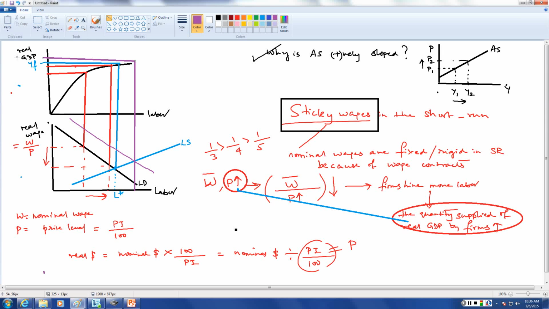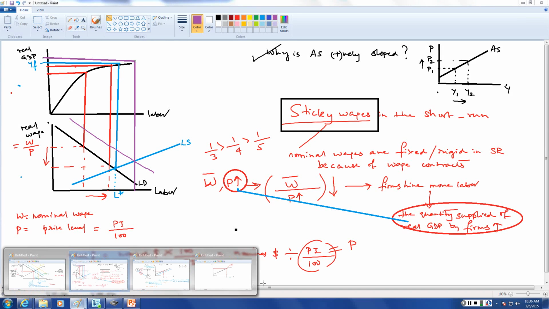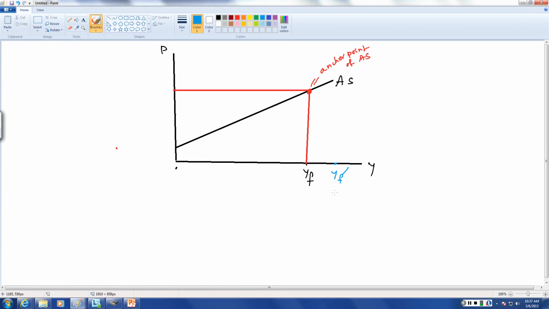So therefore, coming back to our current diagram here, if YF were to go up, what happens to the anchor point is the question. Well, if I go up like this, perhaps I should extend this a bit like that, okay? So we now have a new anchor point.